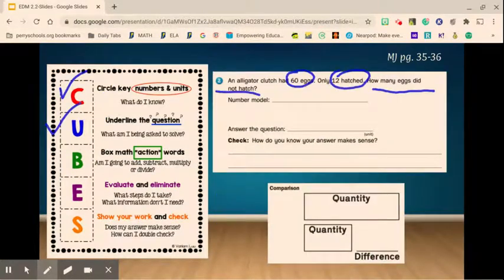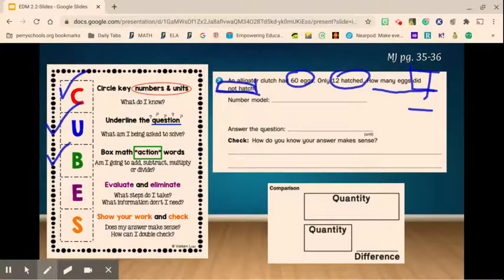And I know that there are 60 eggs, and it's asking how many did not hatch. So "did not hatch" is making me think about the difference. And thinking about difference makes me know that it's going to be a subtraction. I'm going to evaluate. Well, the clutch had 60 eggs and only 12 hatched.